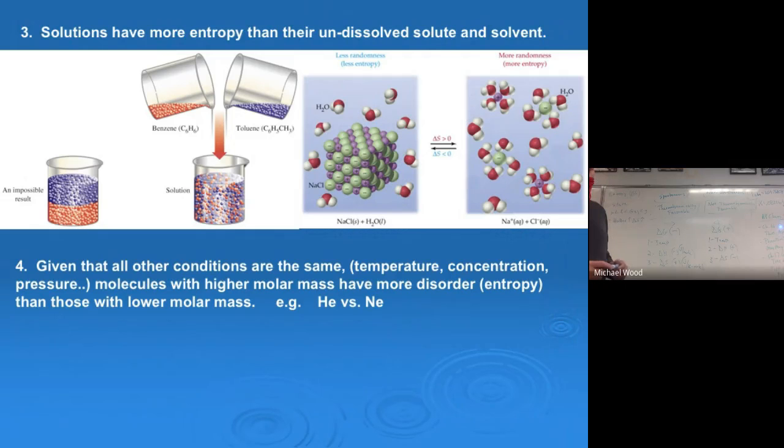Okay, then here's the next one. Given that all the other conditions are the same, temperature, concentration, pressure, molecules with a higher molar mass have more disorder. So again, here's the flow chart. If we go through this and this, we come down here, the larger molecules have more disorder, have more entropy.